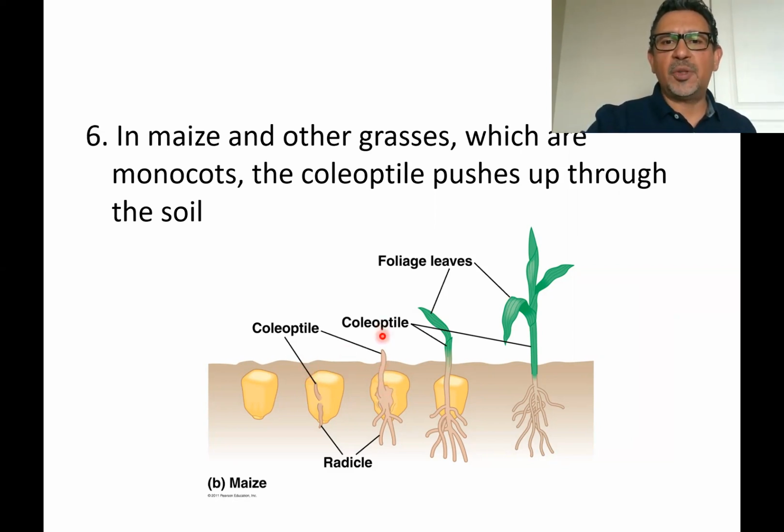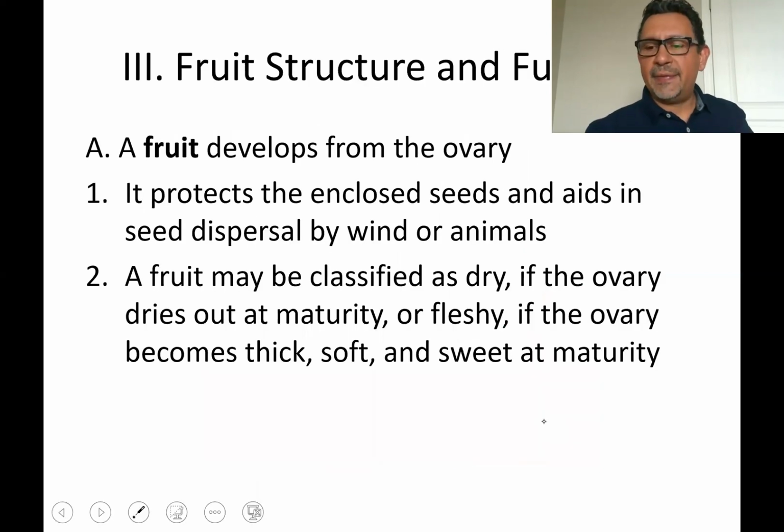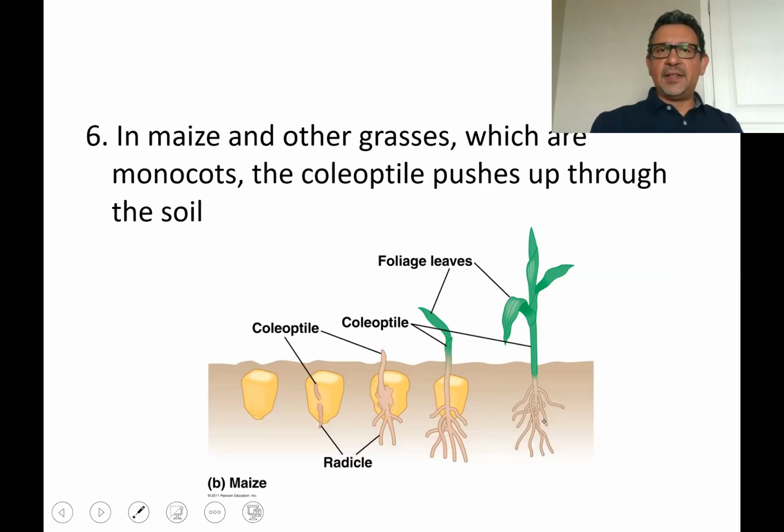And once the coleoptile has emerged, then eventually the first foliage leaves are going to emerge. And again, the growth of the root continues so that more water can be provided for photosynthesis and the plant can be safely anchored. And that is how seeds are structured. That's how the embryos develop and how germination takes place in the angiosperms, the flowering plants.